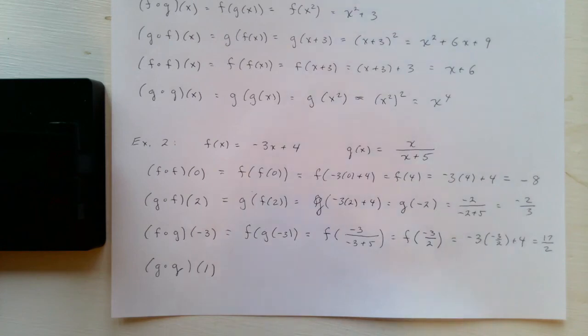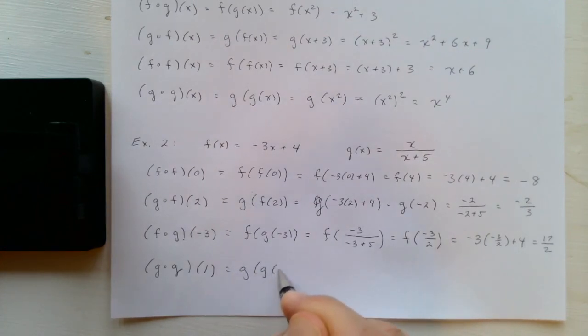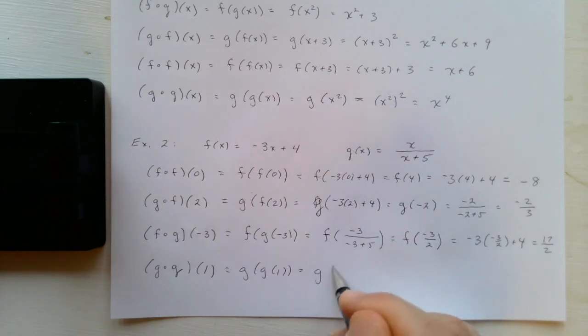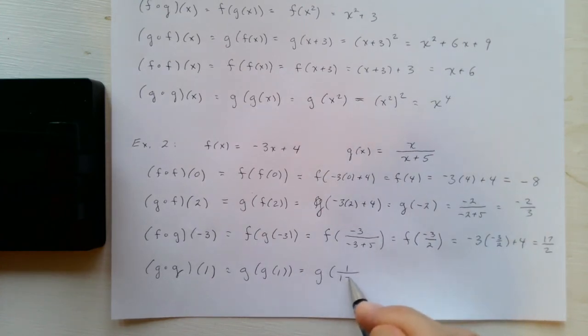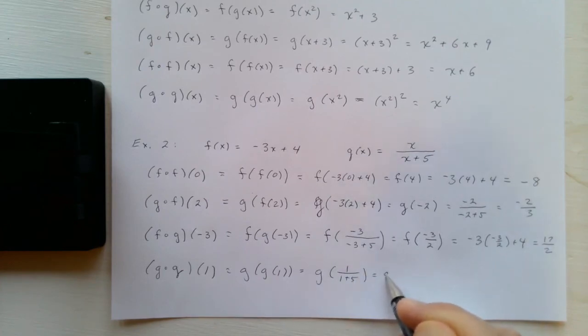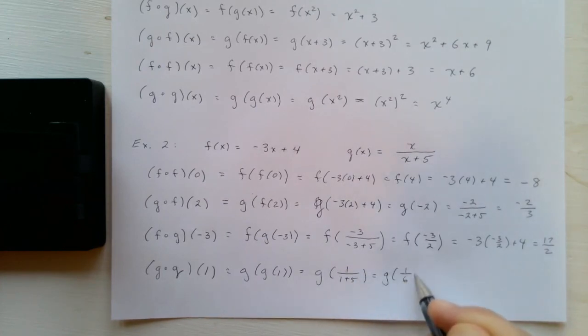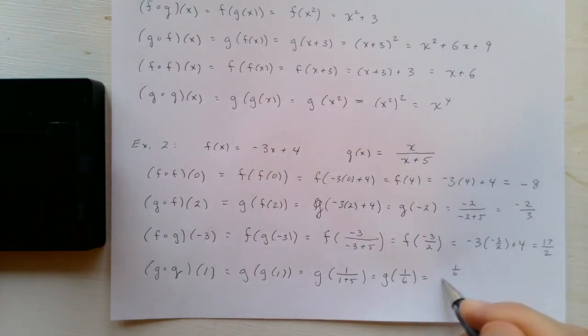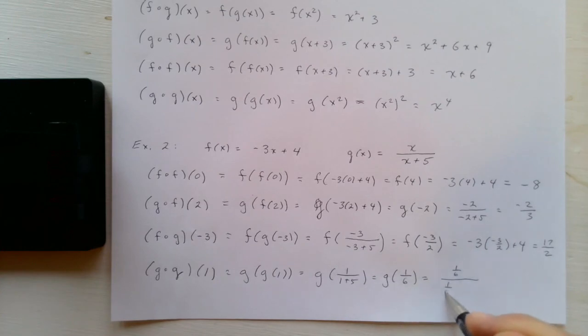And then finally g circle g of 1. G of 1 is 1 over 1 plus 5, or that's g of 1/6. Now we plug 1/6 into g, we get 1/6 over 1/6 plus 5.